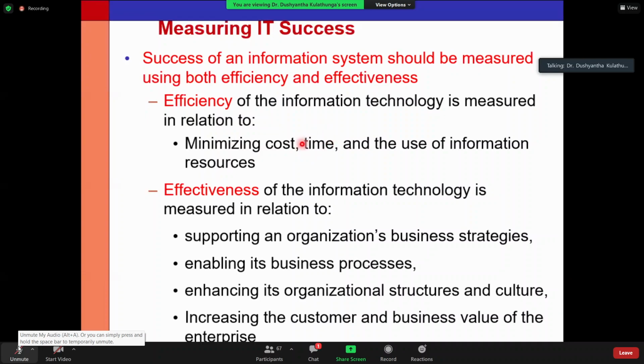Now, if we could reduce the time incurred in our business process, that is also a benefit that we could achieve. So we can say that our efficiency has been increased because we now perform the same task within a shorter period of time. Our lead time has been reduced. Suppose we order something from our suppliers.